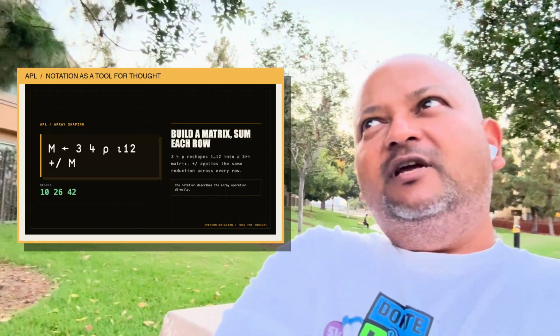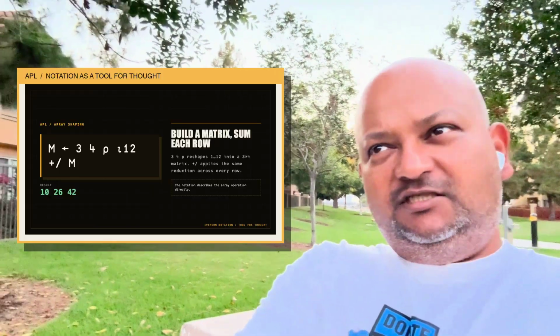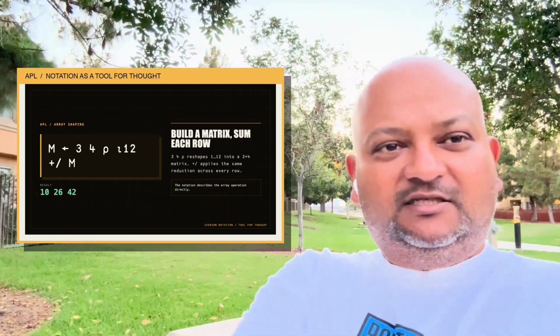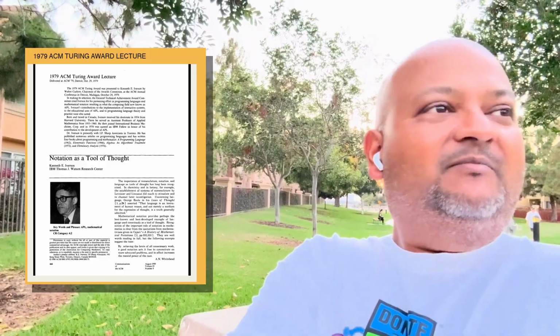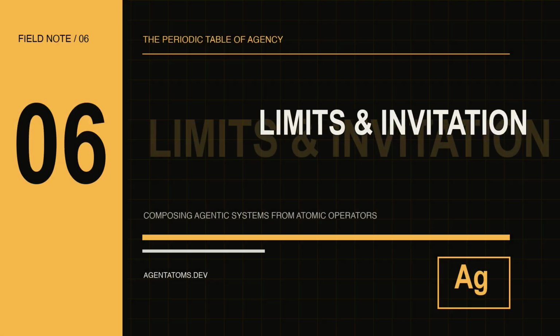But I think his Turing Award acceptance speech was titled Notation as a Tool for Thought. And the point he was making in that talk was that, look, notation is really important because it lets you think in new ways. It lets you treat a problem in new ways. And it lets you basically think and express things that you couldn't without that notation. So that's what I was inspired by in trying to come up with agent atoms as a pedagogical resource.